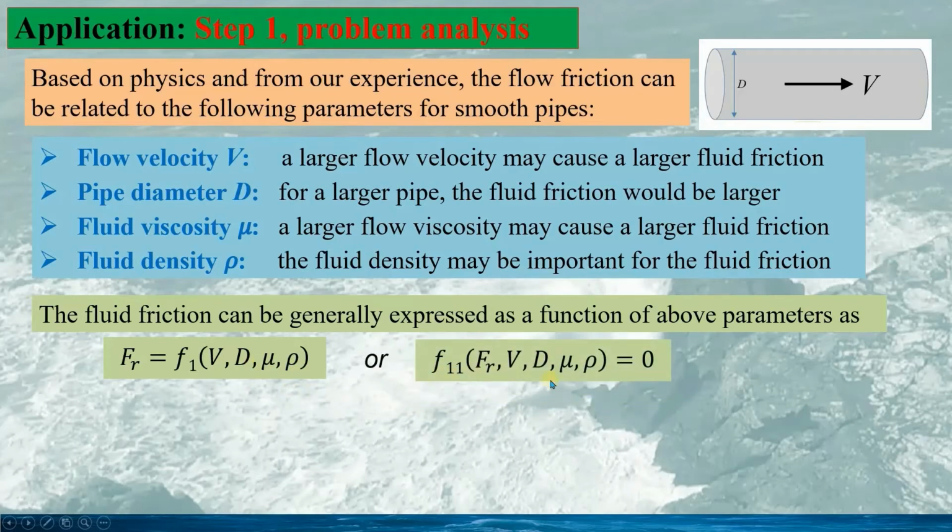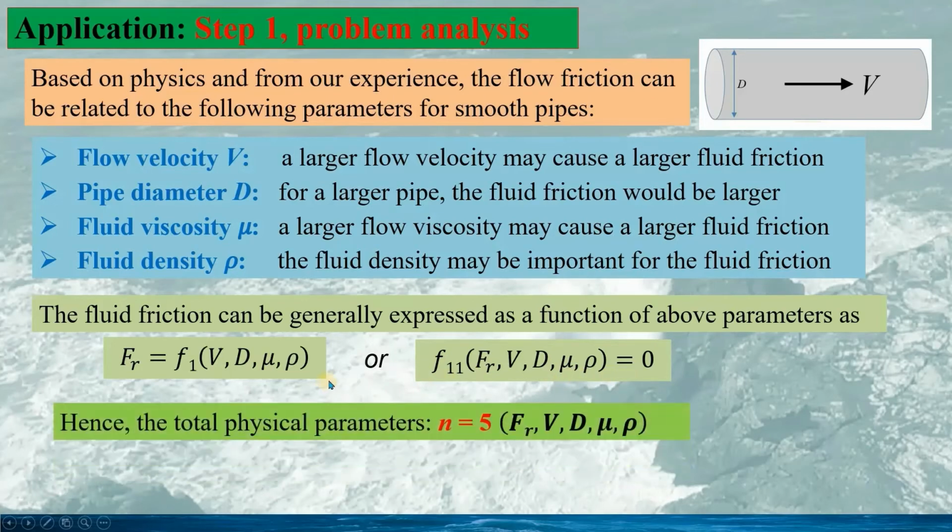Or we can express the function in this form. So from this expression, we can see that in this dynamic system, the total number of physical parameters n is 5: fluid friction, fluid velocity, diameter of the pipe, fluid viscosity, and fluid density.